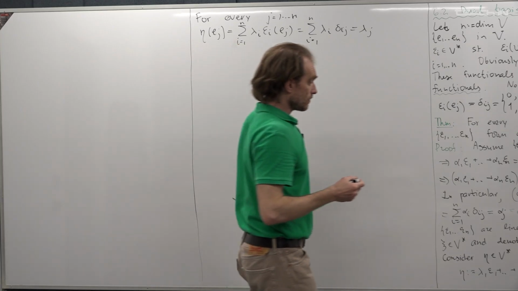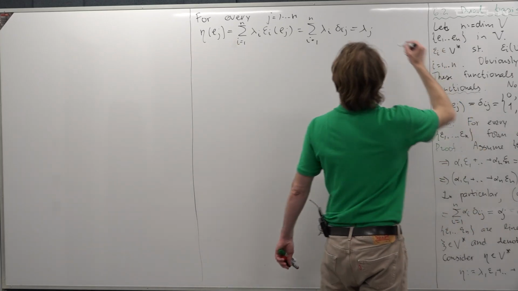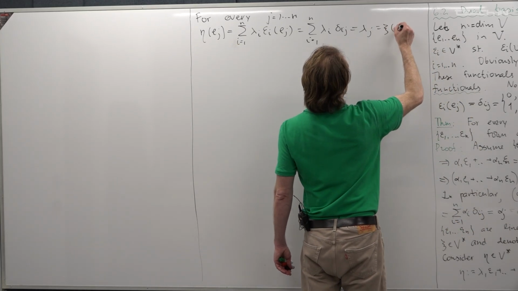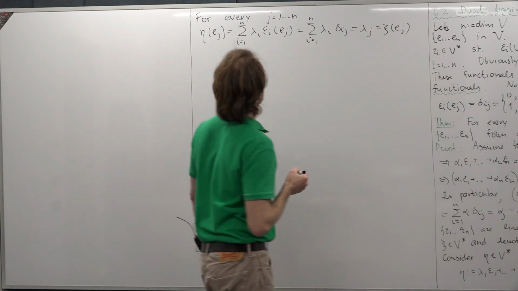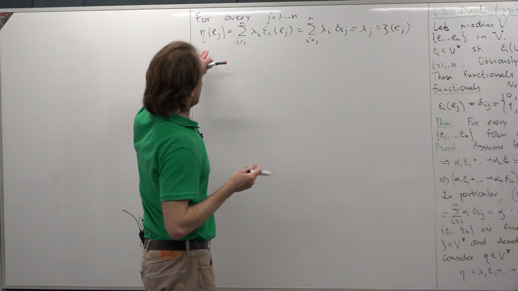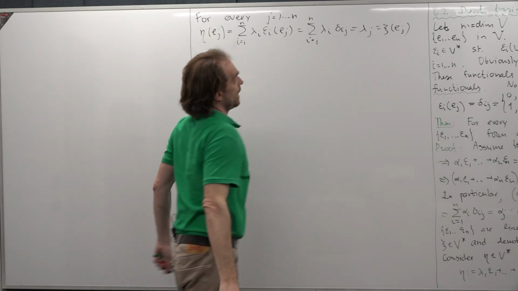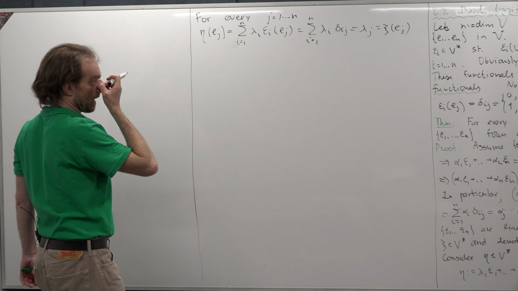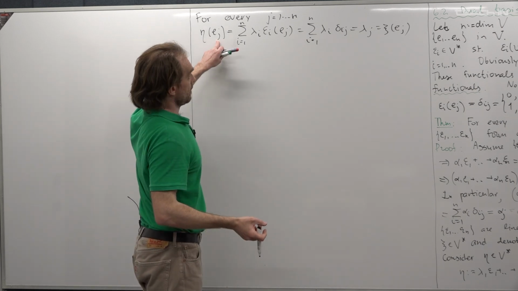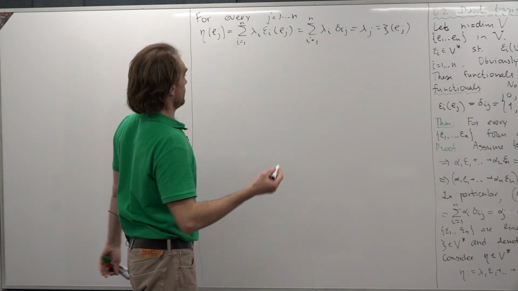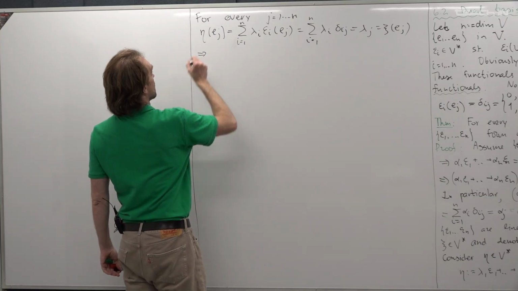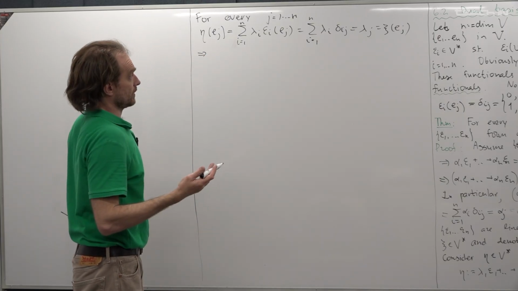But according to our definition, lambda sub j is nothing but the value of xi on the vector E sub j. So we prove that eta and xi map any vector from the basis to the same element. So they coincide on every vector from the basis.